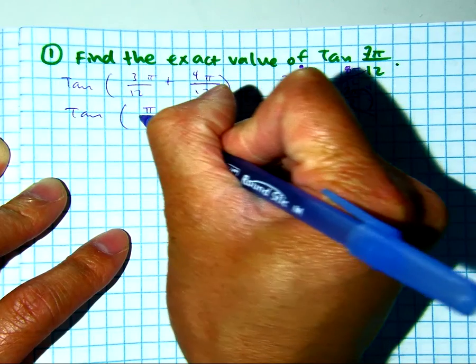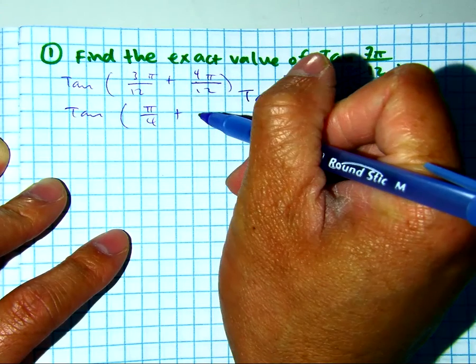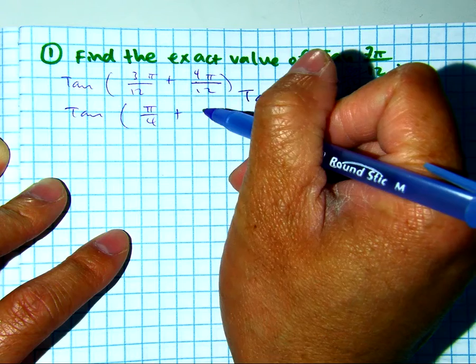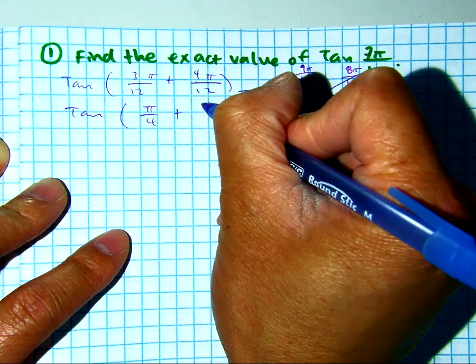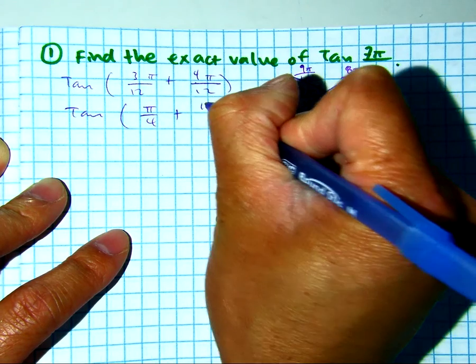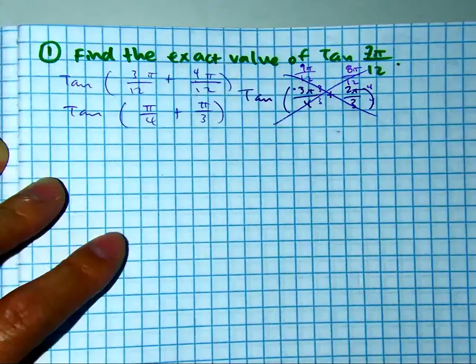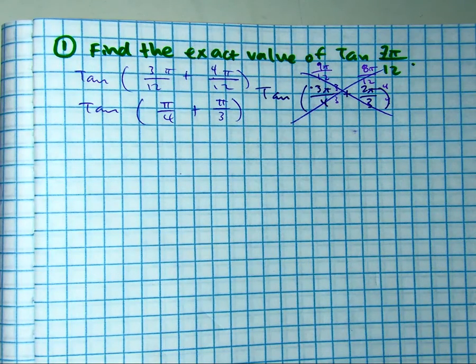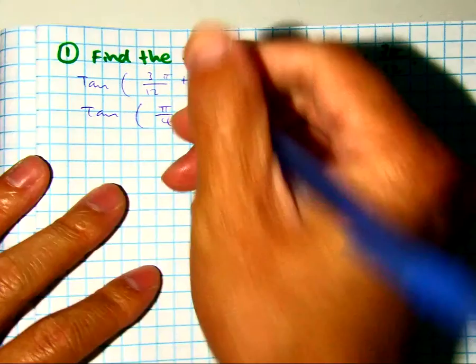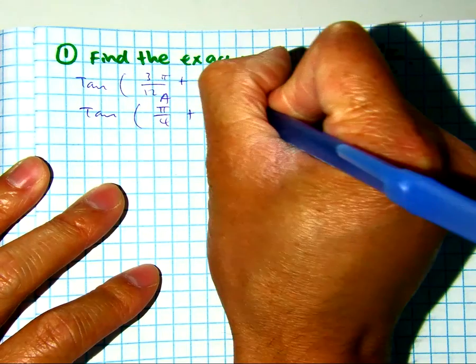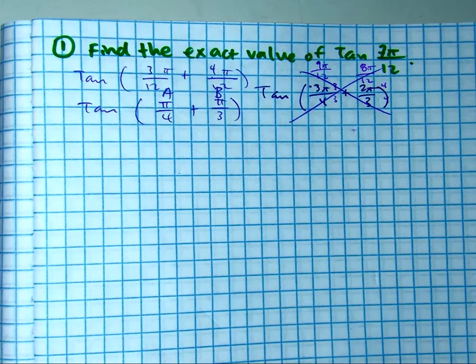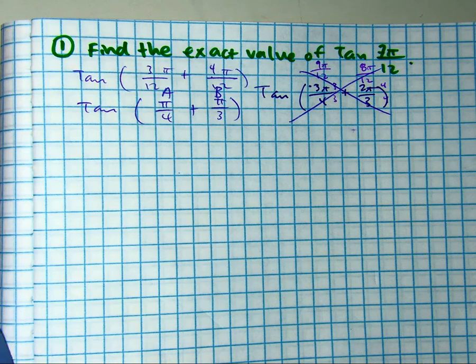Pi over 4 is correct. And over here? Pi over 3. Class, are there other ones we can use? Yeah, but we'll just use these. What's great about these two from Nelson is that they are in quadrant 1.